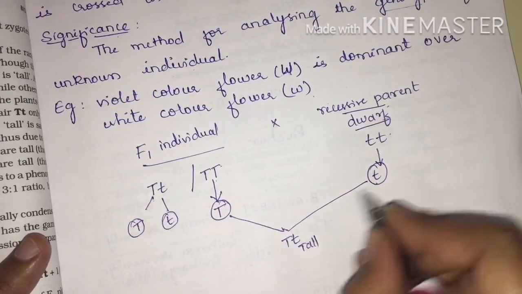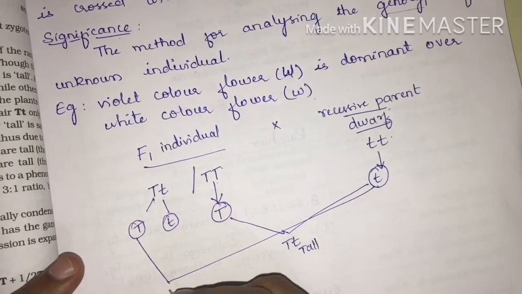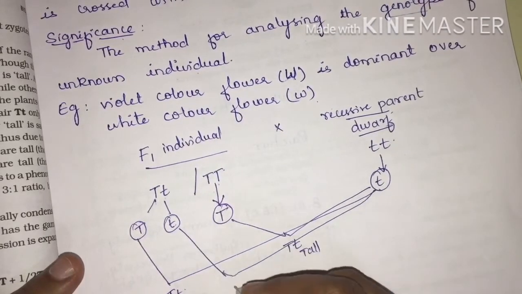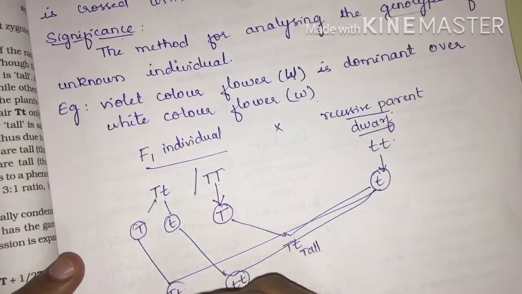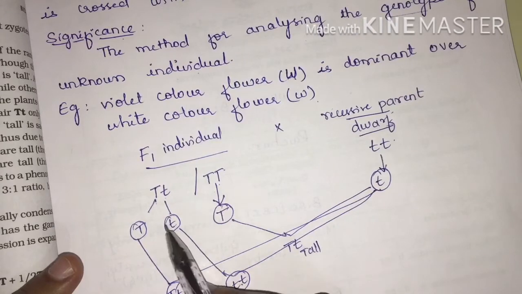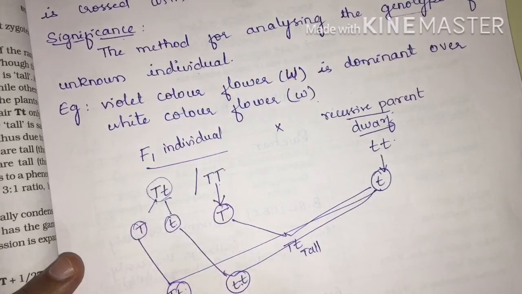Now, if we take this one from here, you will get capital T, small t, and another one is small t, small t. Right. So if you have this F1 individual, then in the offspring you will find there is a tall and a dwarf character.